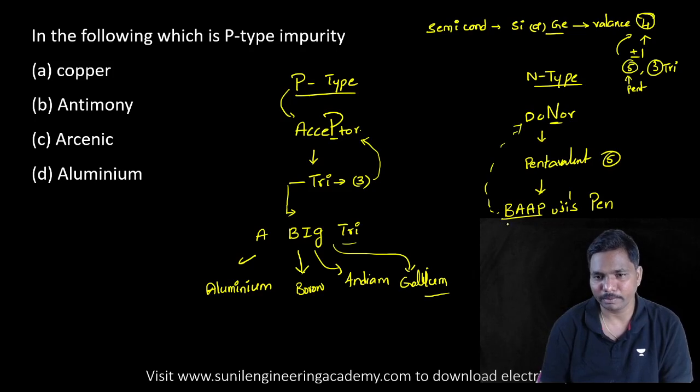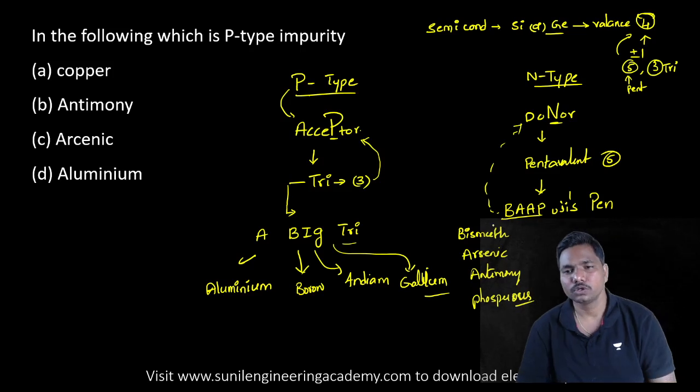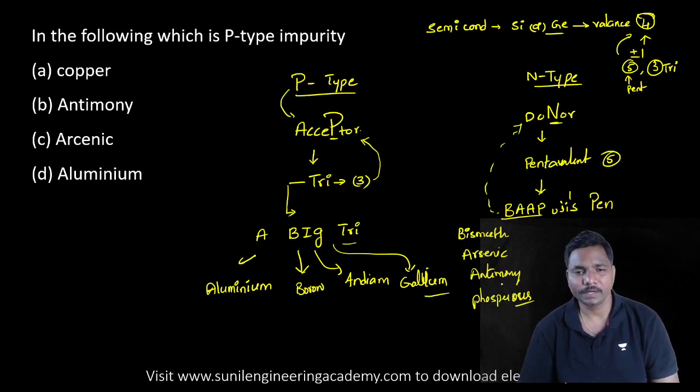So like that you can remember BAP: B for bismuth, A for arsenic, A for antimony, and P for phosphorus. In this way you can simply remember.